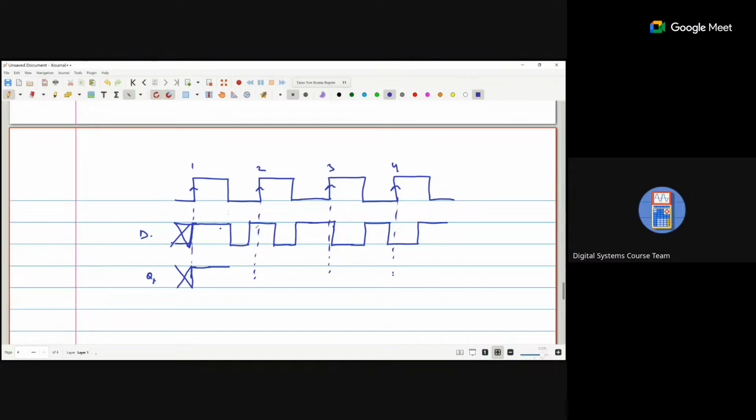When the level is negative, any changes have no effect, it will continue. At the second positive level, what is D? It is 1, that will continue, then change. And if it is 0, it will continue as 0.